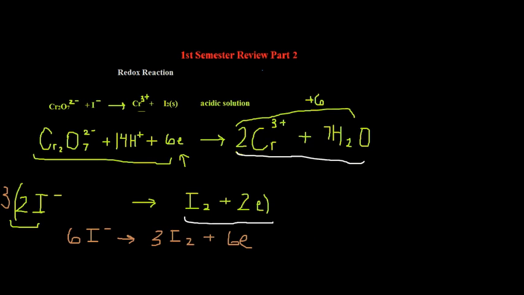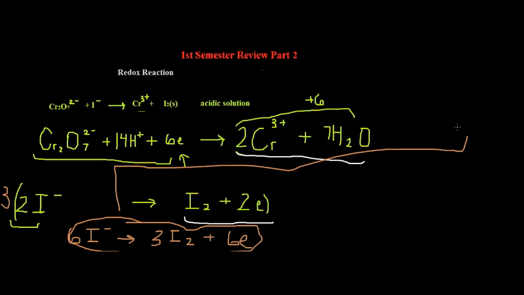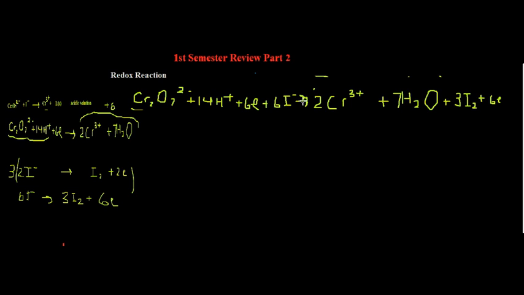So if you combine the half equations now into a whole equation, so if you combine this equation right here with this whole equation here, you would get this whole equation right here, right?